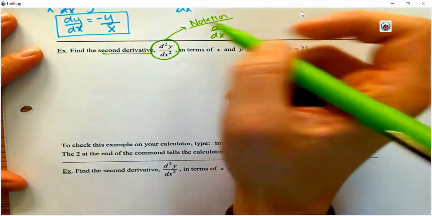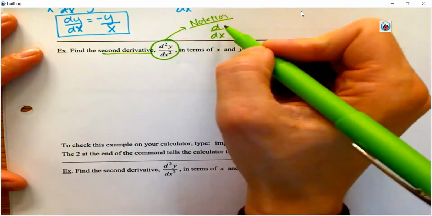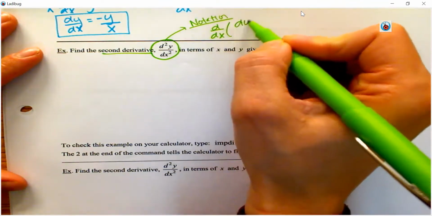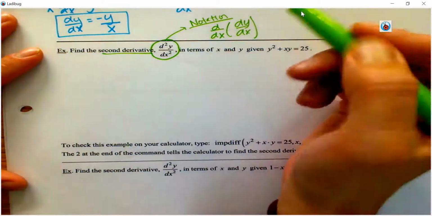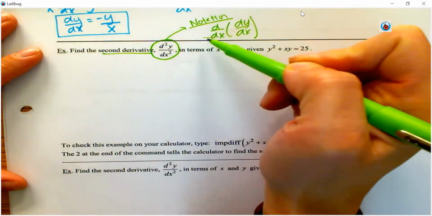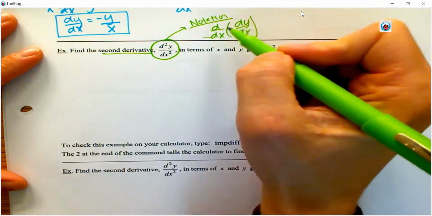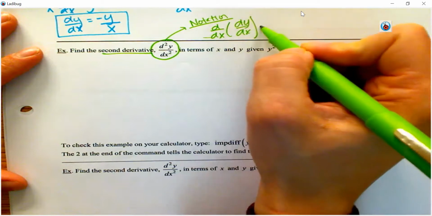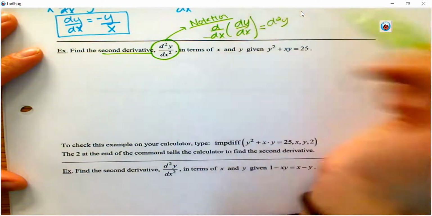If you're taking the second derivative, you're taking the derivative of the implicit derivative. So you're taking d dx of dy over dx because that's the implicit derivative. So essentially when you're taking the second derivative, you're taking the derivative of the derivative with implicit differentiation. And so because you're taking this and this, when you multiply these, d times dy is d squared y, right?